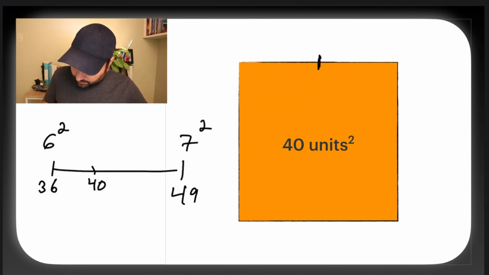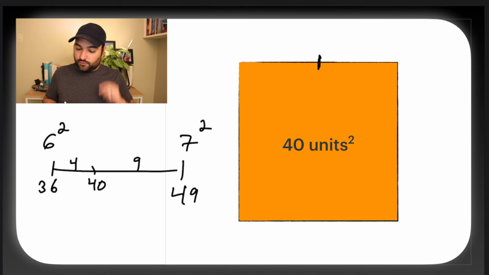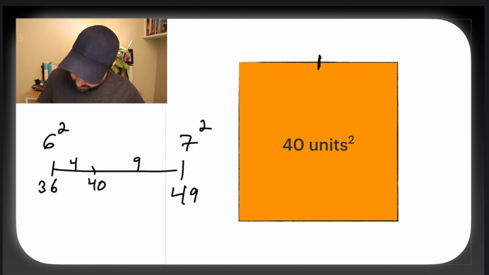40 is here on the number line, and that's about 4 units from 36, and it's 9 units from 49. So it's closer to 6 than it is to 7, so we wouldn't say it's 6.5. So maybe it's somewhere around, I don't know, 6.2, maybe 6.3.